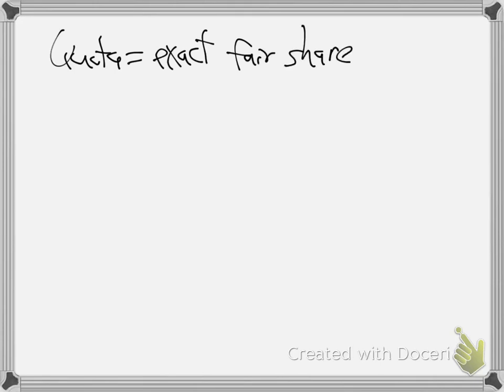Let me give you actually one more thing. It's called the upper quota or lower quota. So remember quota. Quota is exact fair share for a state. So let's say the quota for A, say it's 23.4 or whatever.